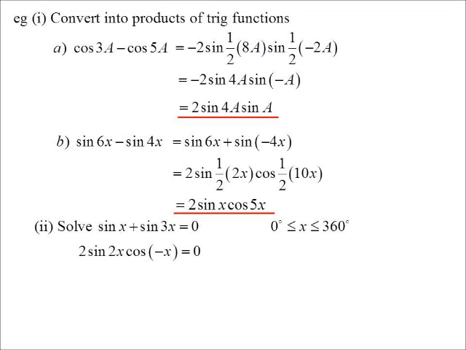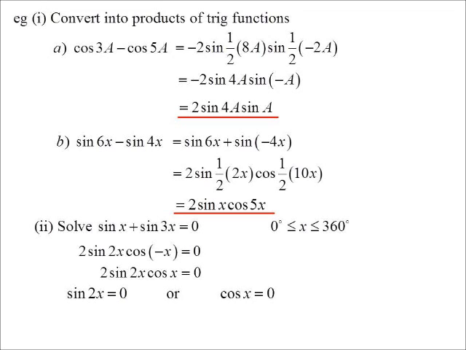So much easier to solve equations with products equaling 0 because we know the basic rule: if things multiply together to equal 0, one of those things has to equal 0. So I've got 2 sine 2x cos x equals 0, so either sine 2x is 0 or cos x is 0.